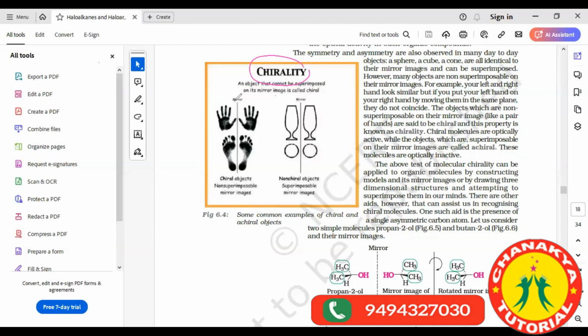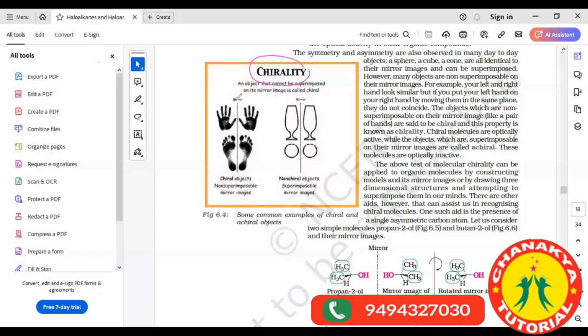But if you take one hand and keep it onto the other hand, only the middle finger would match, and the rest of the fingers will not match at all, right? Or will it match? No, ma'am, it won't. It won't match, right? So these are what? Non-superimposable mirror images of your hands.